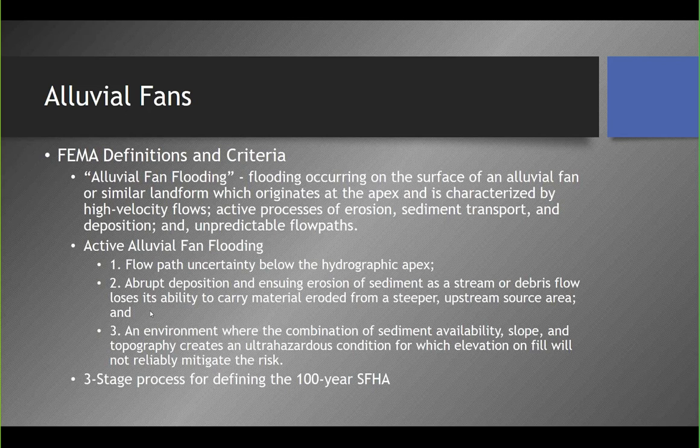Stage 2 is defining inactive and active areas of erosion and deposition, where Stage 3 is defining the 100-year floodplain for active alluvial fan landforms. And these can be identified as zone AO with a depth and velocity on the FIRM. But as we saw earlier, some of the older designations can still be zone A, which is an area of risk, but no detailed information has been developed.